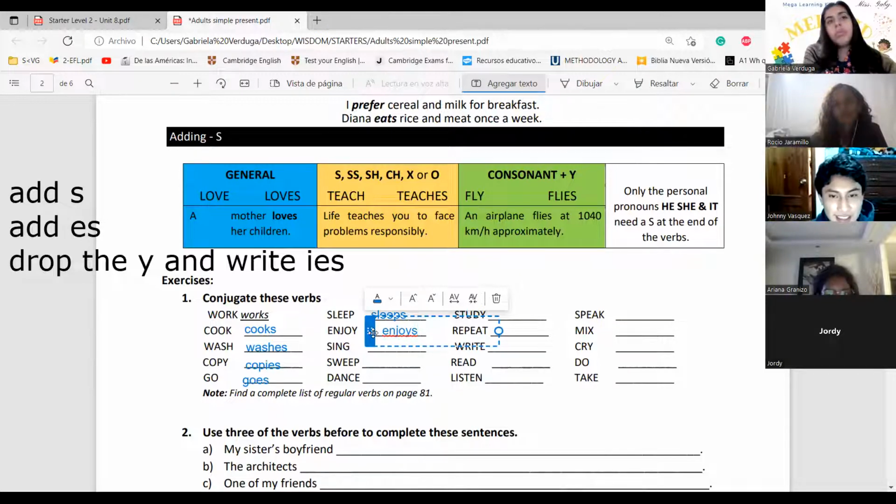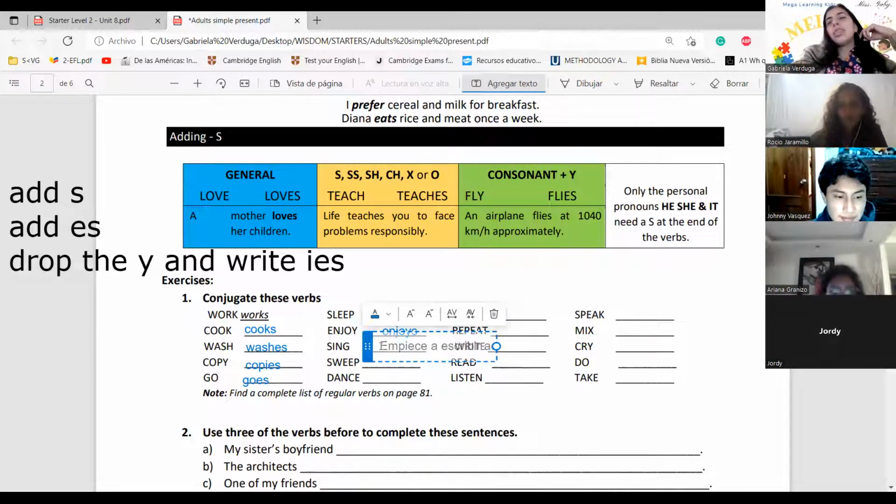Because it has a vowel. Okay. Yes. It has a vowel. Tiene una vocal.